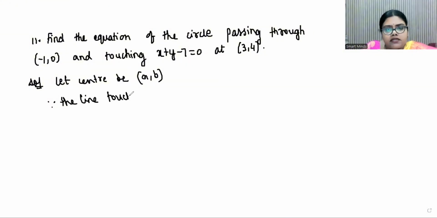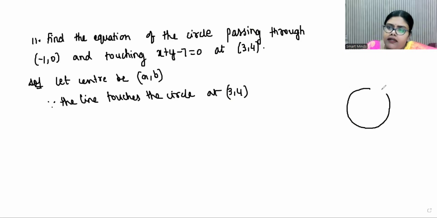Now since the line touches the circle at 3 comma 4, now see whenever a line touches a circle, what is the condition? Radius is equal to perpendicular distance.